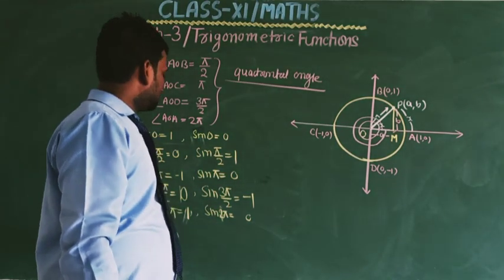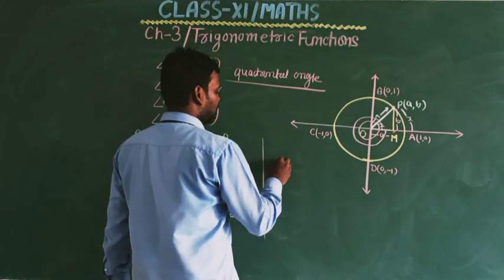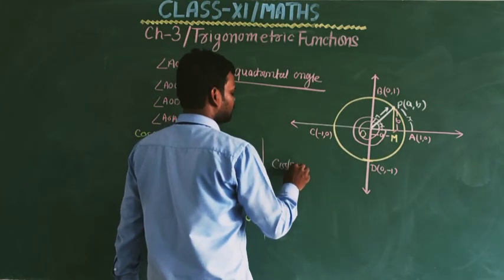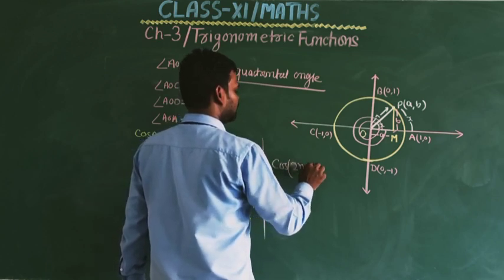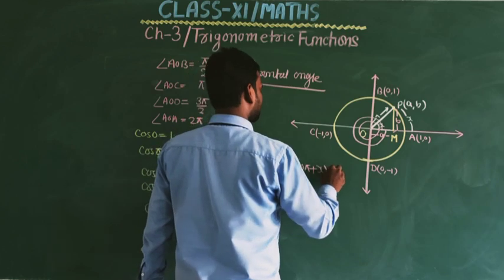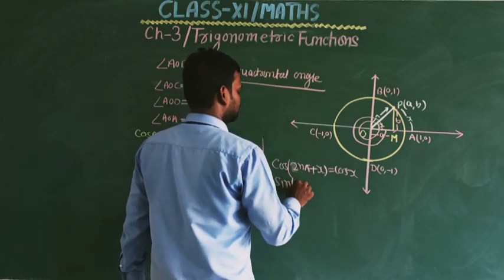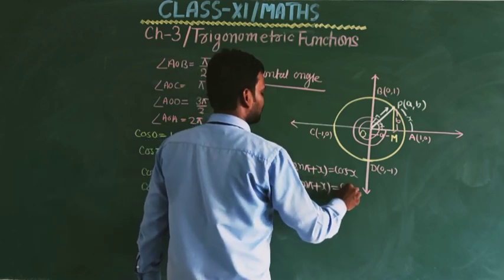So here we can write cos (2n pi plus x) equal to cos x and sin (2n pi plus x) equal to sin x.